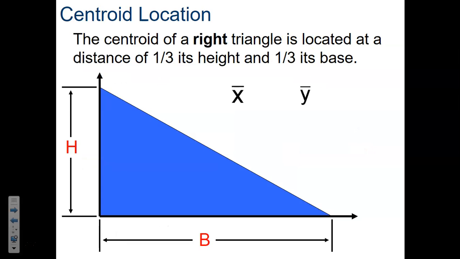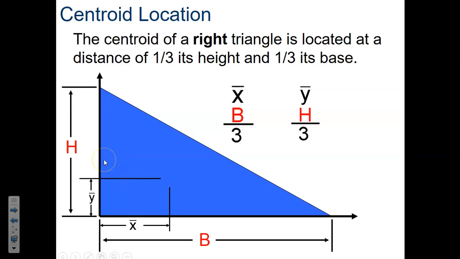On something like a triangle, it's a little bit different. So notice that we're looking at the distance from the y-axis. We're looking at the x distance from that, and it is 1/3 of the base over from the thick side. That's important because it's 2/3 over from the thin side.